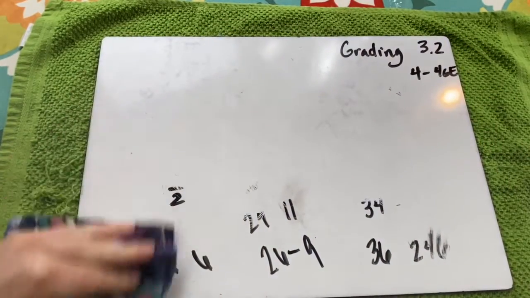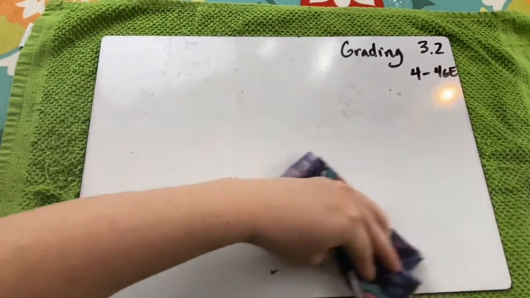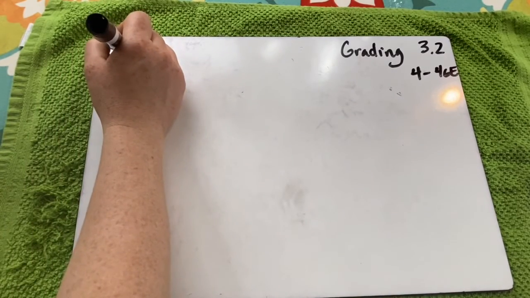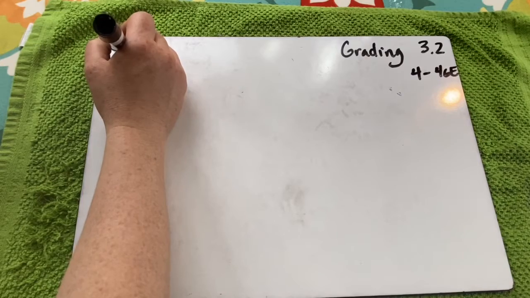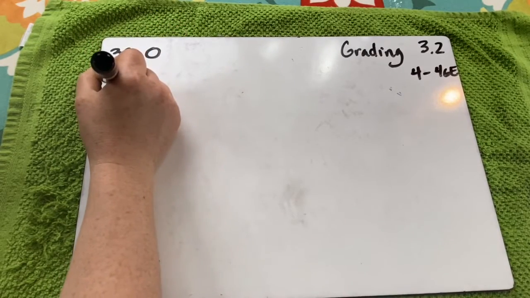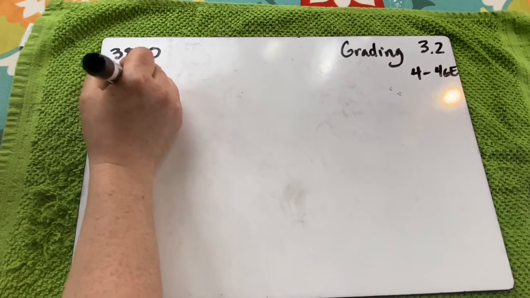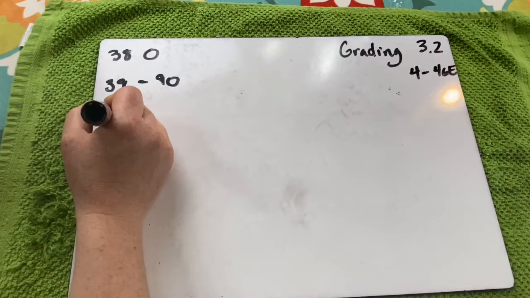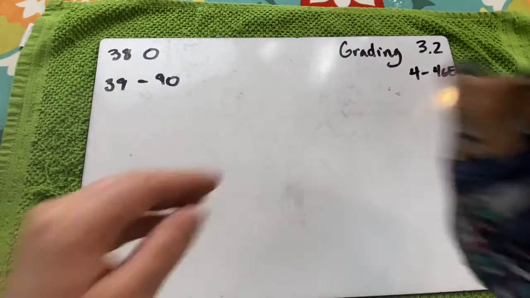Pause it, go back if you need to go back just a little bit so you can see that, okay? 38 is 0. 39 is -90. Let's do, we don't need 39.